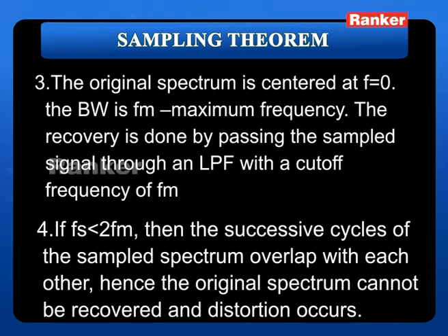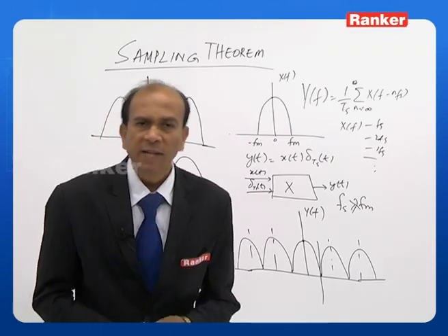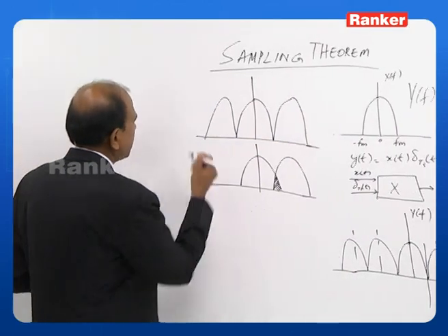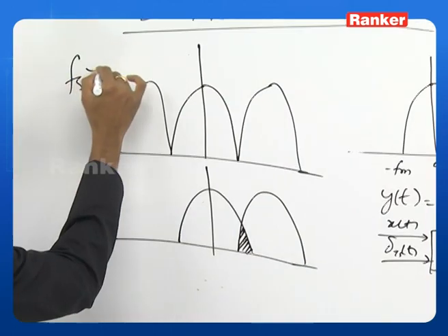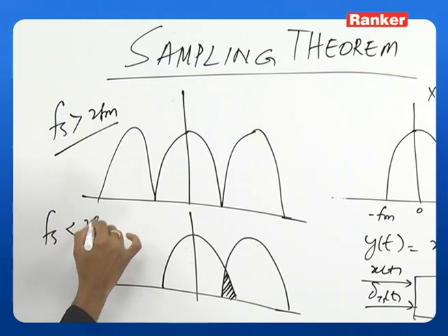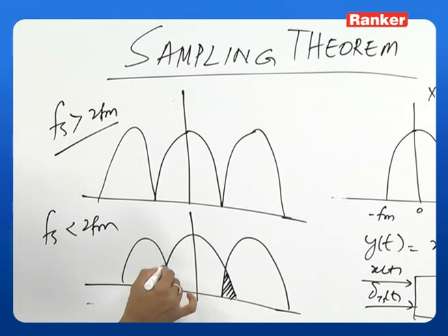Fourth point, if Fs, that is the sampling frequency, is less than 2 Fm, then the successive cycles of the sampled spectrum overlap with each other. Hence, the original spectrum cannot be recovered and distortion occurs. Now, what did I say here? If this is Fs is greater than 2 Fm and this is Fs is less than 2 Fm, that means there is an overlap here.